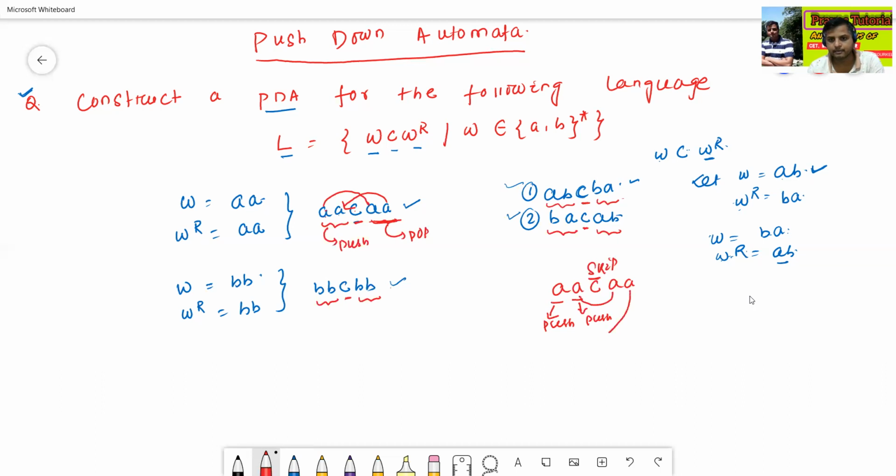Similarly, in this case, B push, C skip, B pop, B pop.